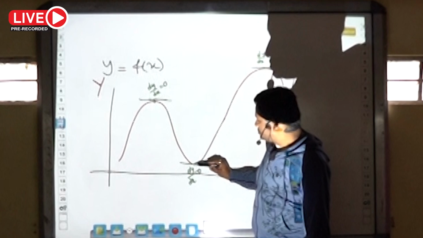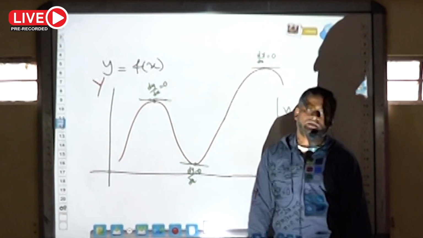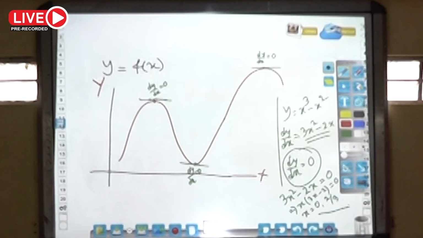This point is a stationary point. This point is a stationary point. Now, how does the name come about? Stationary points. What do you mean by the word stationary? Stationary means not moving. It is at rest.